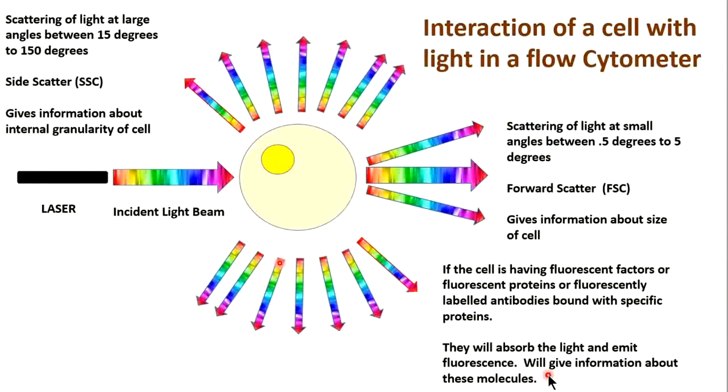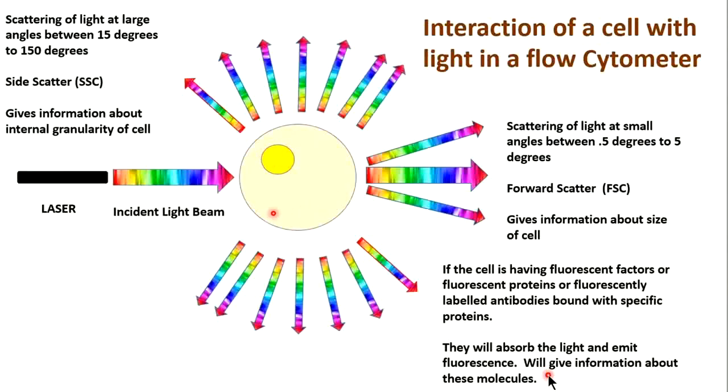This picture is actually explaining the interaction of a cell with light in a flow cytometer. So this is our single cell which is coming from that array one by one. This is our laser light source here, and this is the incident light beam. This light beam is going here and interacting with this cell, right?